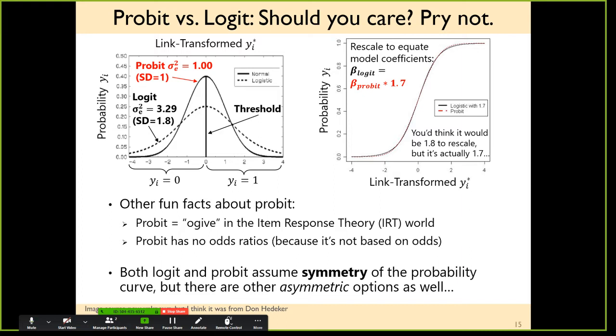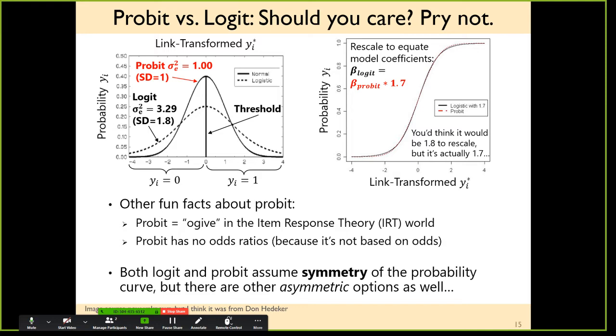So numerically, it is unlikely that you would find different results in one versus the other. The way that you can test that, though, is with different link functions: you can look at AIC and BIC to see which one is smaller. There is no cutoff. Smaller is better. There's no significance test. Both of these links have symmetric predictions above and below about 50-50.